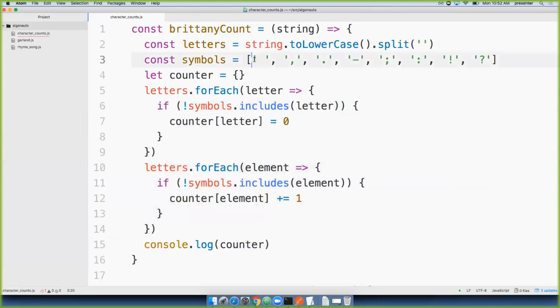So it does not matter whether your given string has 1 character or 3 million characters. This is going to take the same amount. This does not depend on the number of letters in your string. It depends on the length of symbols, but the length of symbols is constant.